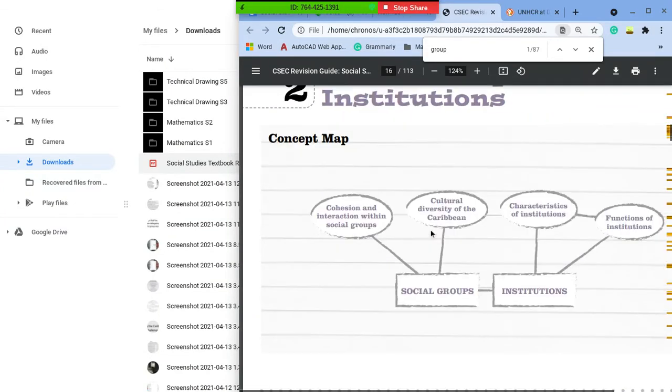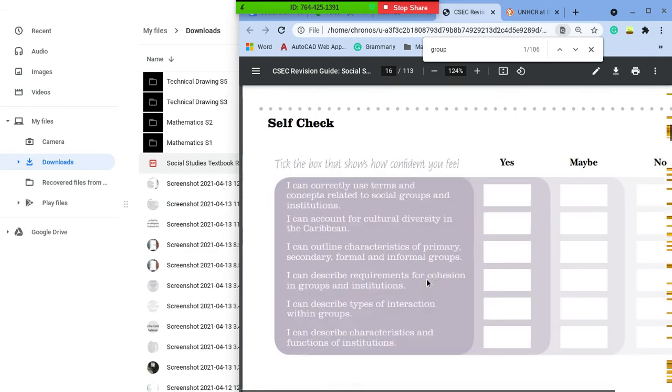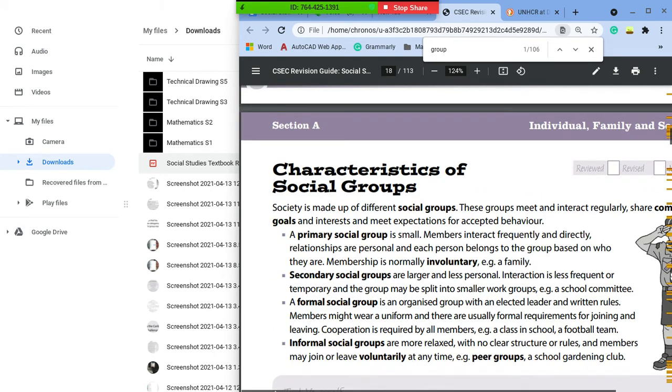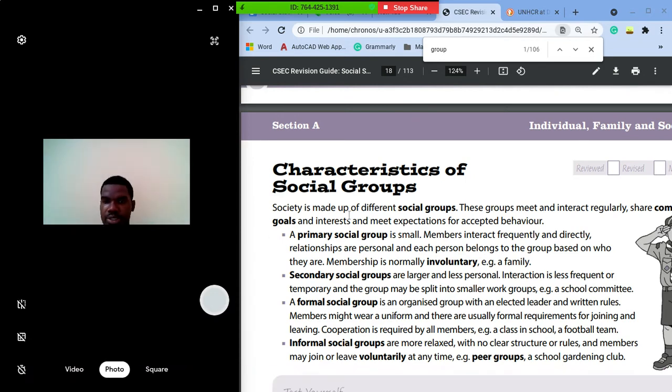A primary group is a small group where each person knows each other, and they're based on who and what they are.